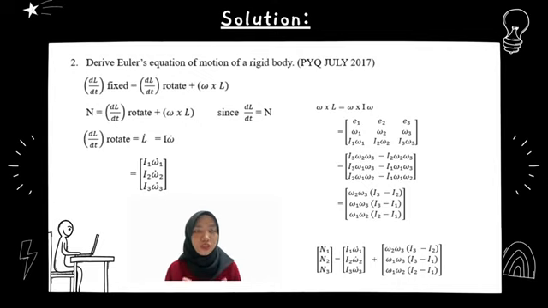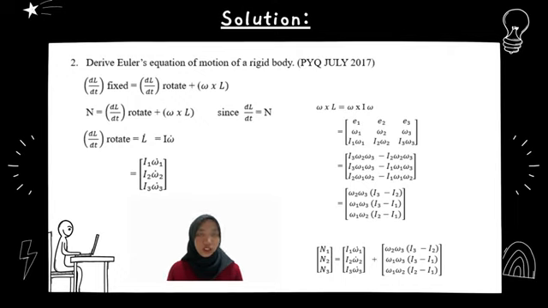So moving on to the solution for question 2. How to derive the Euler equation is related to the chapter 5 equation, which is dL over dt fixed is equal to dL over dt rotational plus omega cross L. Since dL over dt is equal to N, which is torque, we can write the equation as N is equal to dL over dt rotational plus omega cross L. So we have to find the derivation for dL over dt rotational. dL over dt rotational is equal to L dot, which is equal to I omega dot.